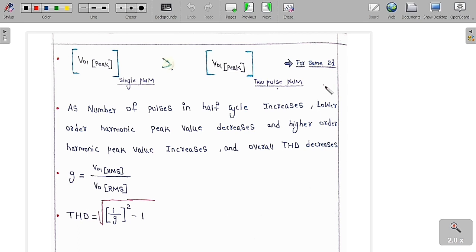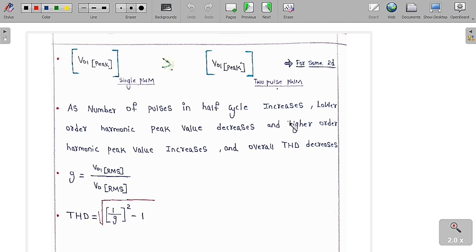Whenever you increase the number of pulses in a given half cycle, you are definitely going to decrease the peak value also.